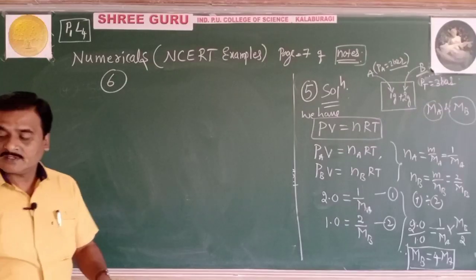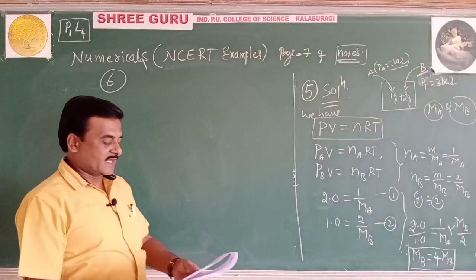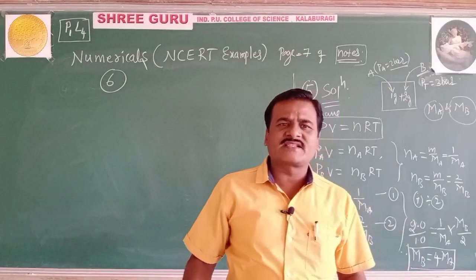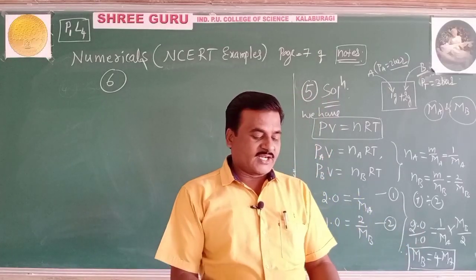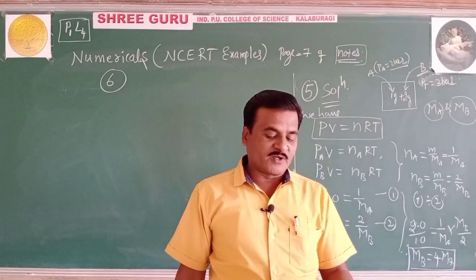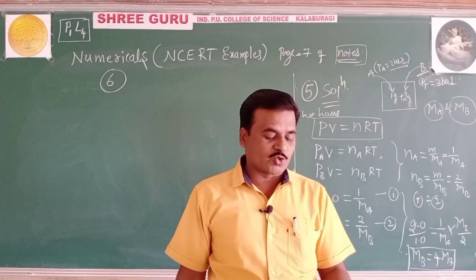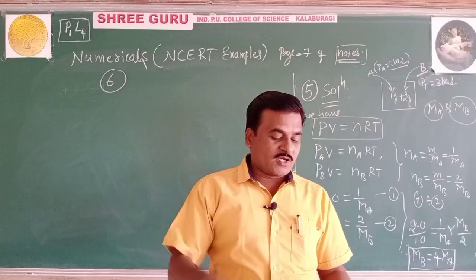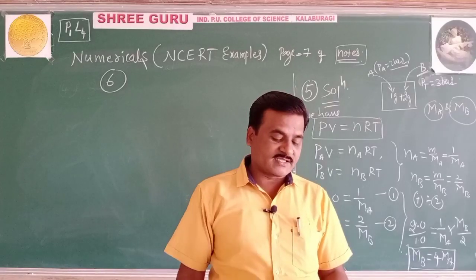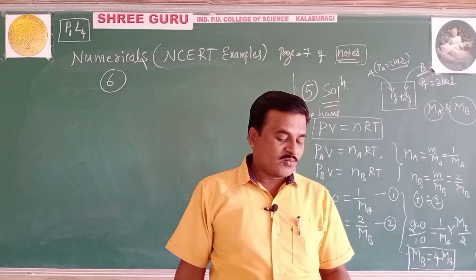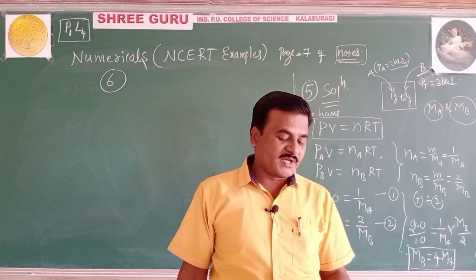I'll read out the 6th one. The drain cleaner, drainage cleaner, Drainex, contains small bits of aluminum which react with caustic soda to produce dihydrogen. What volume of dihydrogen at 20 degrees Celsius and 1 bar will be released when 15 gram of aluminum reacts?